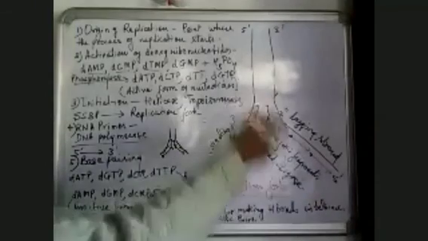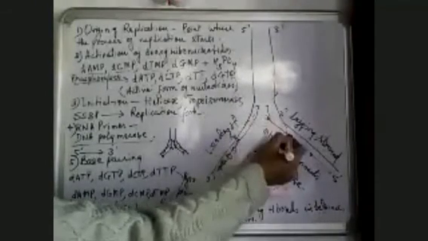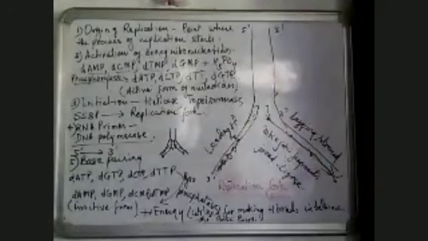And ultimately, by using the enzyme ligase, we get a complete stretch of DNA even on the lagging strand. So this ligase joins all the Okazaki fragments, and finally we get a complete stretch even on the other side. And this way, the two strands, the leading strand and the lagging strand, are formed.